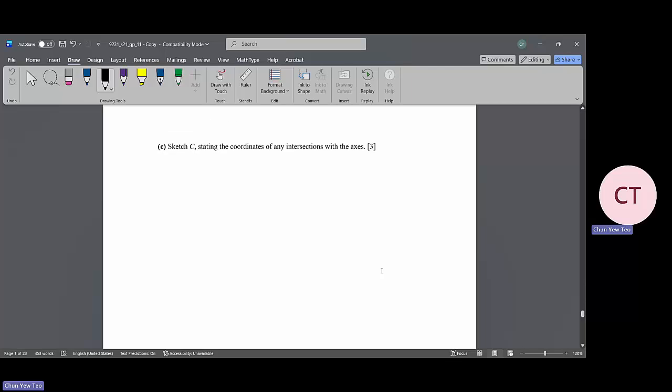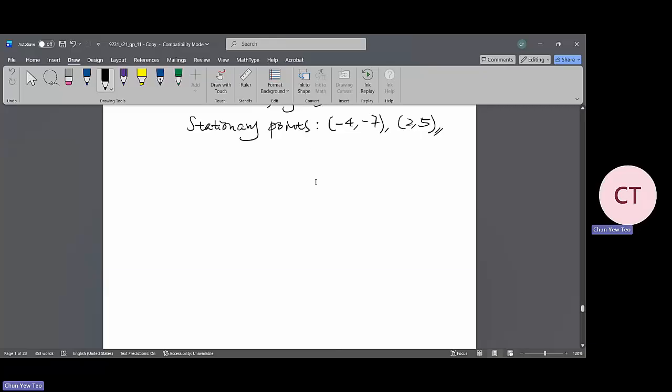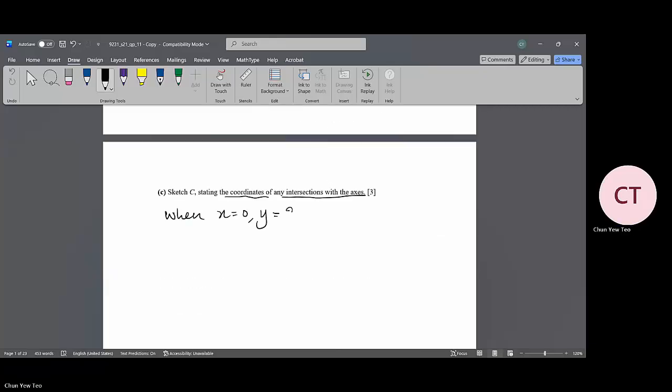Now we move on to C. Now we need to sketch a graph and we need to state the coordinates of any intersections with the axes. So when the x is equal to 0, your y, just substitute 0 inside here, and you get 9. So your y is 9. Then when the y is equal to 0, which means that your numerator x squared plus x plus 9 is equal to 0.